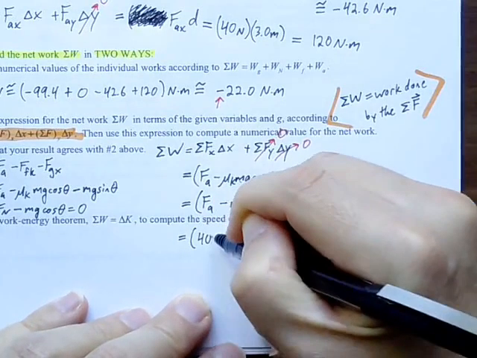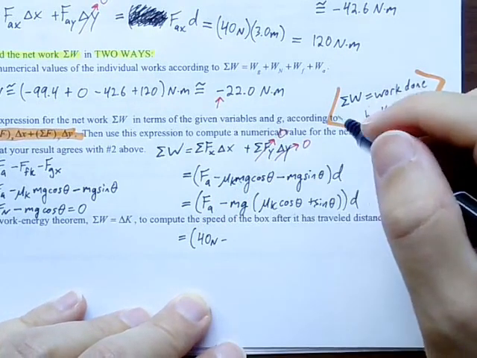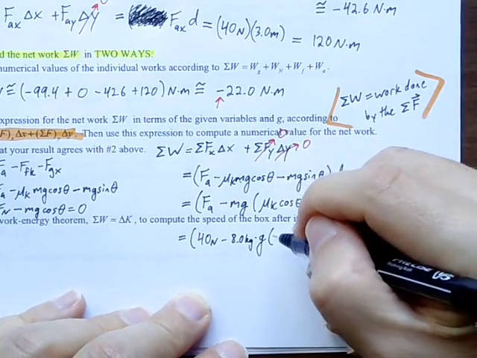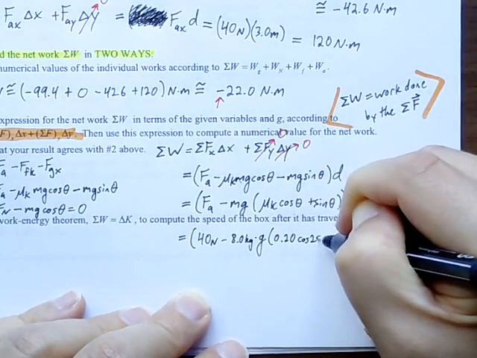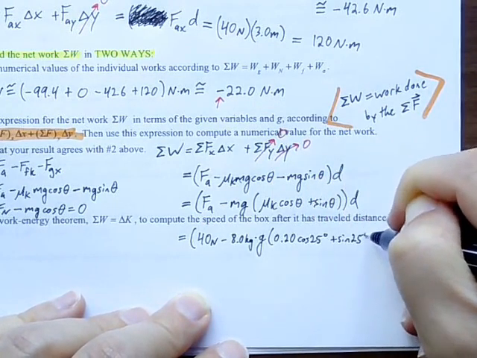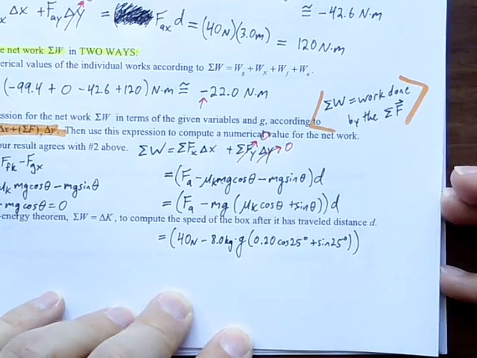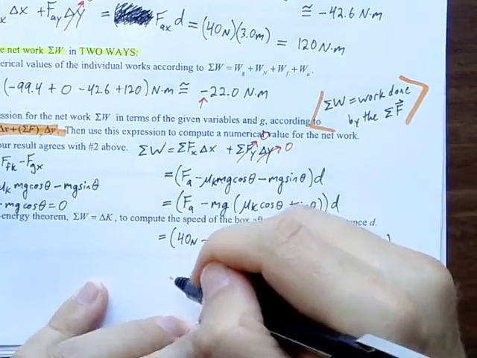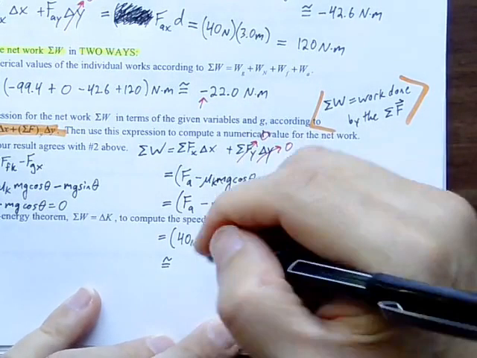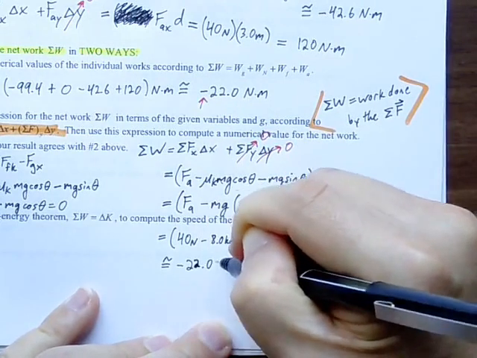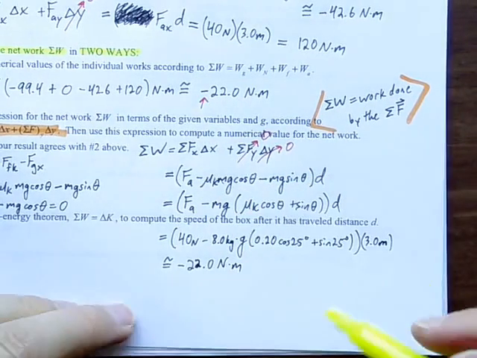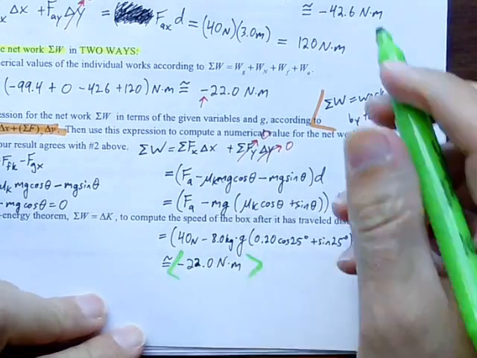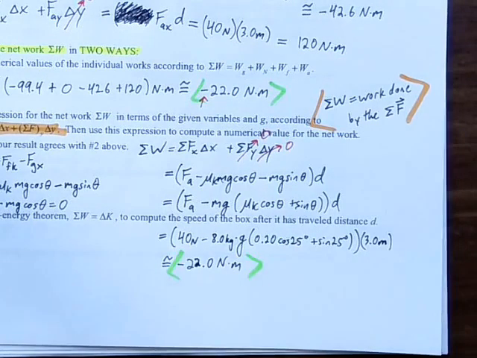This is 40 newtons minus our 8 kilograms times little g, our mu k, which is 0.2, cosine 25 degrees plus sine 25 degrees, times our distance, 3 meters, which comes out to approximately negative 22.0 Newton meters, which is indeed in agreement with our earlier calculation. Negative 22 Newton meters.